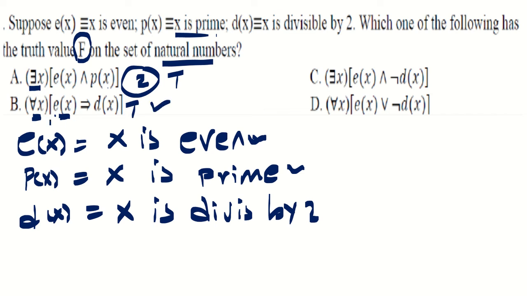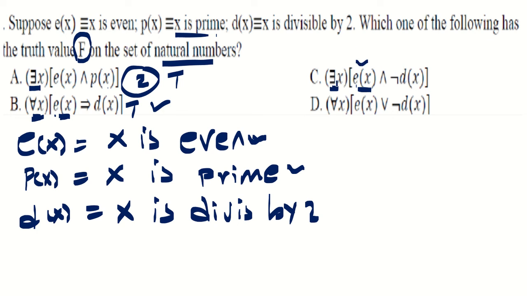Read it like this. For all x means for every natural number x, if x is even, where implies means if-then, then it is divisible by 2. That's correct. When you go to C, there exists x, there is a natural number x, it is even, E of x, and negation D of x, not divisible by 2.